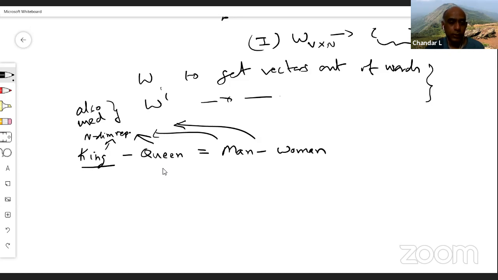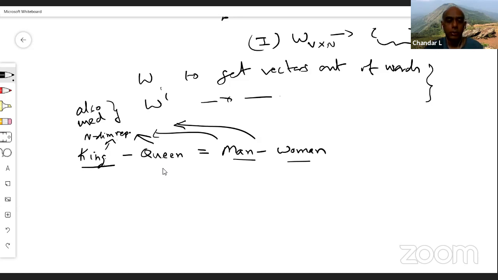Whereas in this n-dimensional representation, when you convert king and queen to n-dimensional and do this minus this, you get something very close to this minus this, which means that word2vec has actually understood the English language.